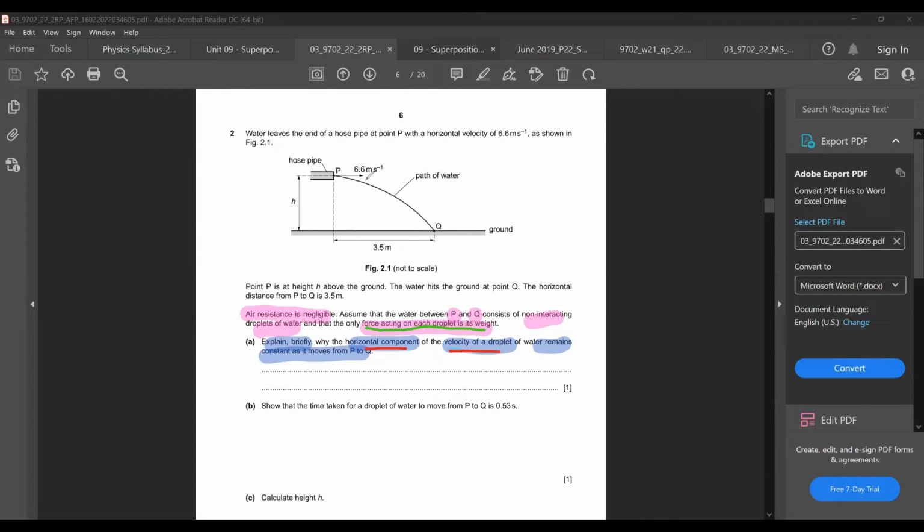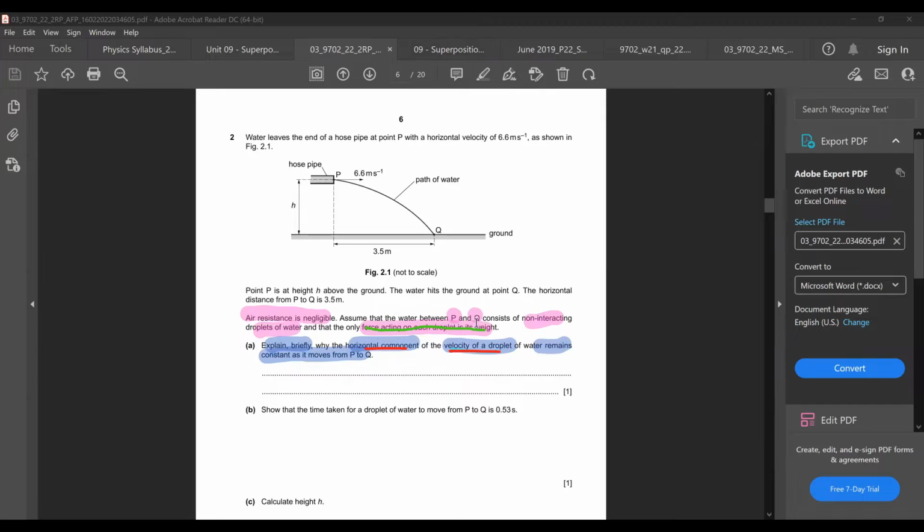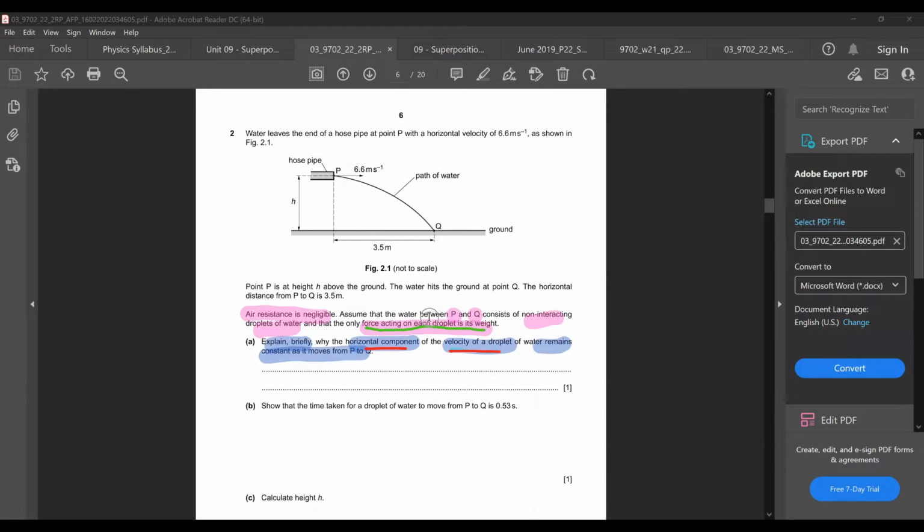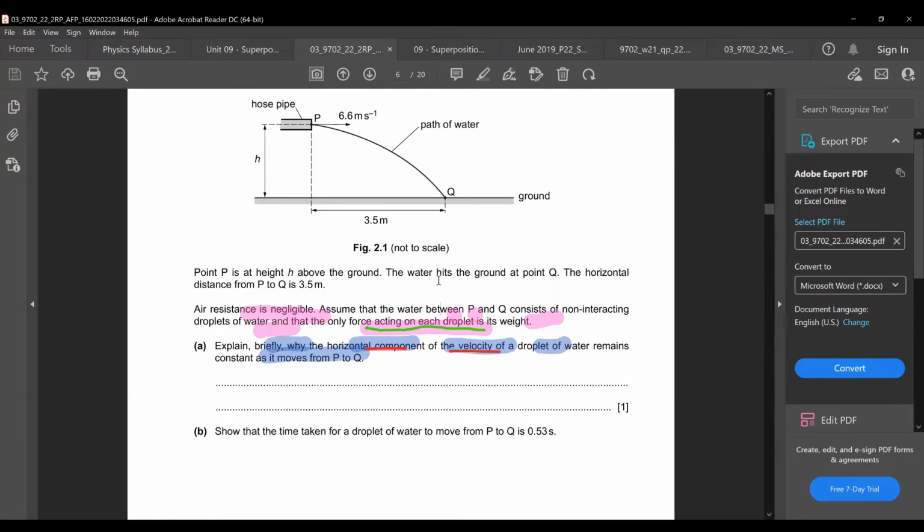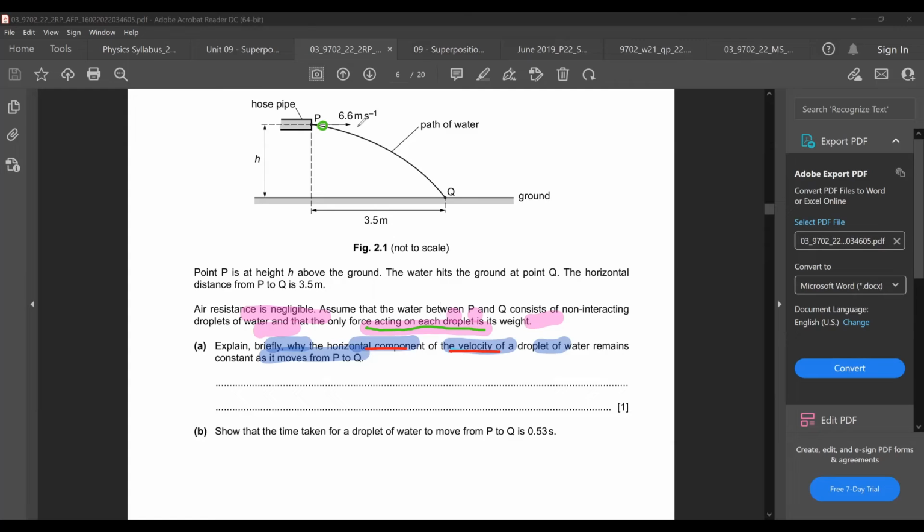Now, this one is actually your kinematics question, all right? So if I just consider, let me just zoom in for a while. If I just consider one droplet of water, it is moving along this path here like this. So I can consider a few points along the path of motion of that water droplet.